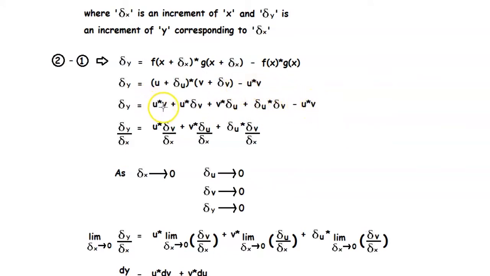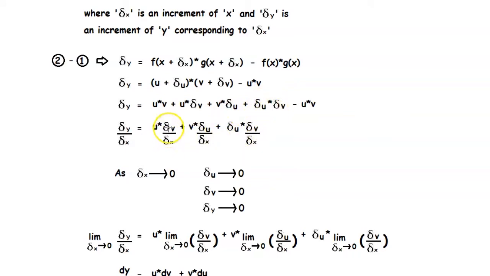So here this uv and this uv will cancel off. Then we divide both sides by delta x. So delta y divided by delta x will give us u into delta v over delta x plus v into delta u over delta x plus delta u into delta v over delta x.